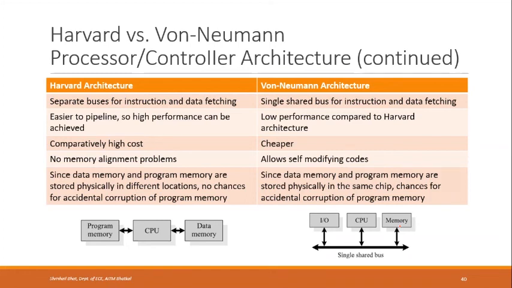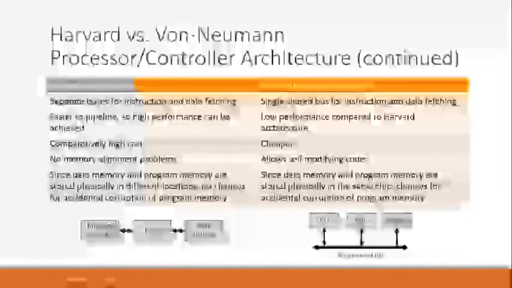The last number has to be 0 so that it is divisible by 4, right? So you cannot store the data in any location you want. An address should be divisible by a particular width of that microcontroller or processor. If it's a 32-bit, then the address has to be a number that is divisible by 32.